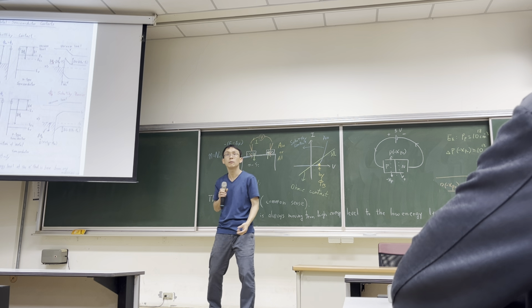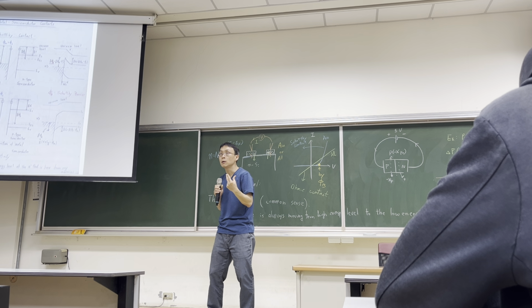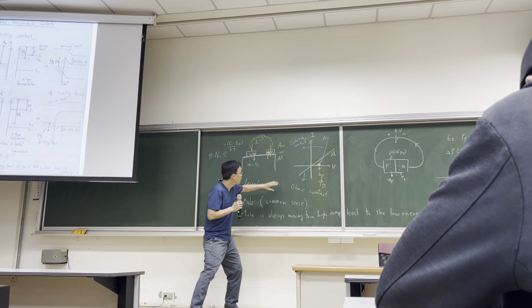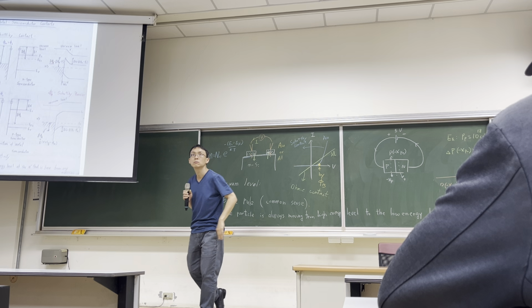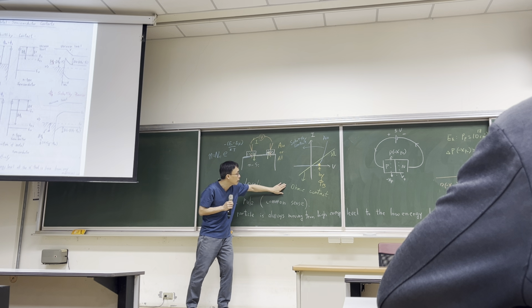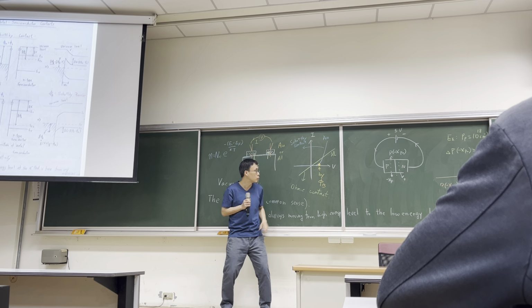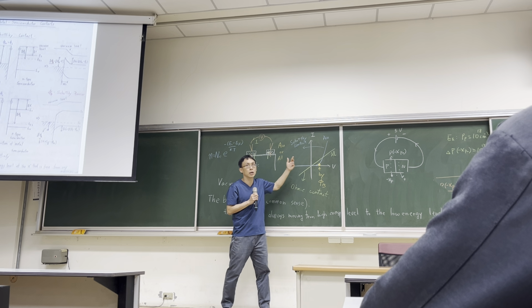Because let me ask you, most of the semiconductor devices like ohmic contact or Schottky contact? If you want to save power, if you want to save energy, you like this green line or this blue line. Green line is ohmic contact. Blue line is Schottky contact.